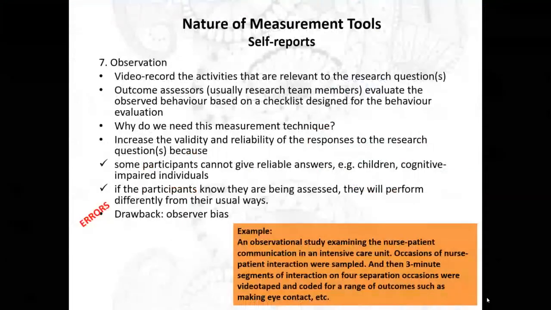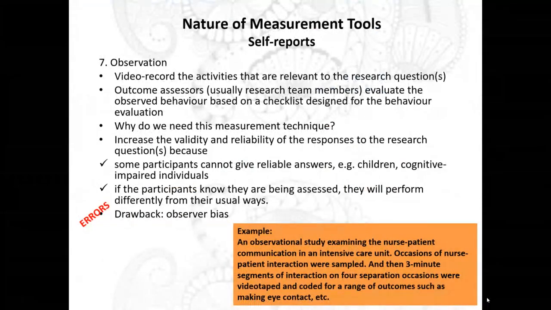Okay, observation is the last type of self-report approach. Observation is very similar to using questionnaires. The only difference is, for the questionnaire approach, we give the questionnaire to the participants and ask them to fill it in according to the instructions, or some members of the research team interview the subjects, ask them the questions, and they give you the answers for each item.